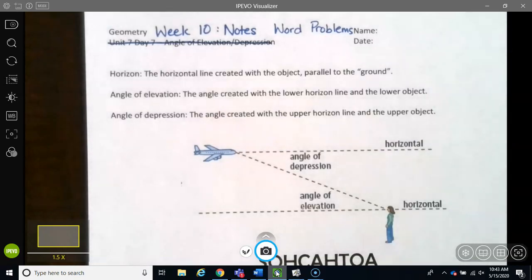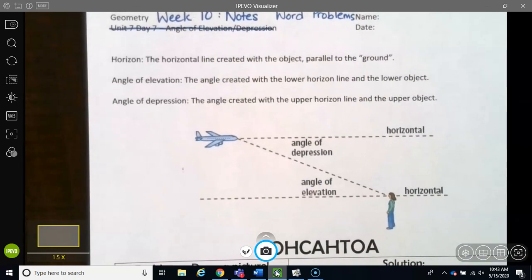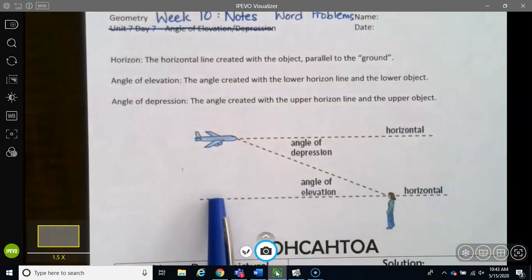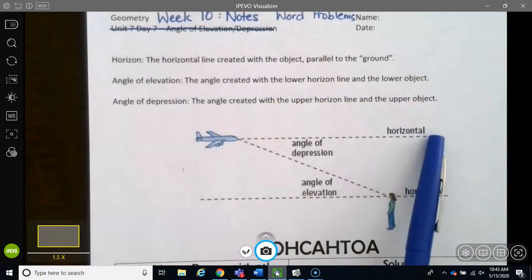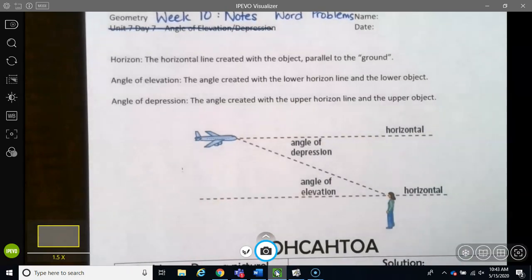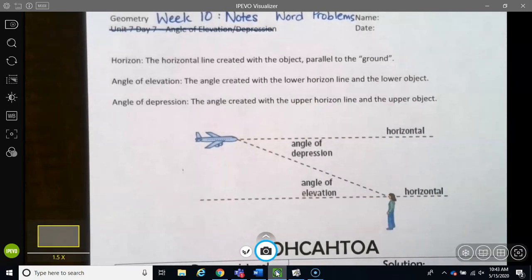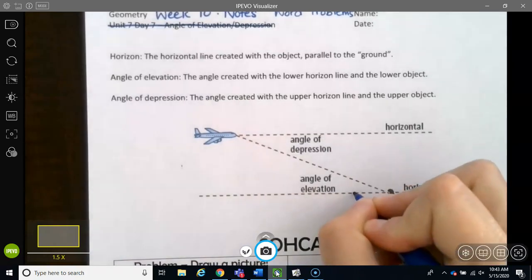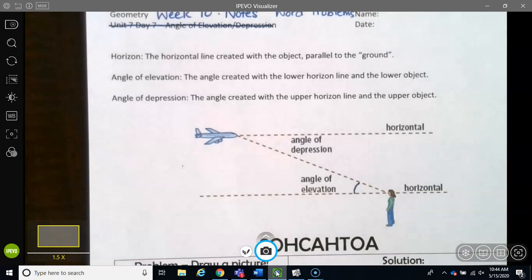Angle of elevation is the angle created with the lower horizon line and the lower object. So here's an example where a person is looking up at an airplane. We have two horizontal lines, the one for the person's eyesight and one for the plane's eyesight. Angle of elevation is the angle created by the lower person looking up at the thing up in the air.